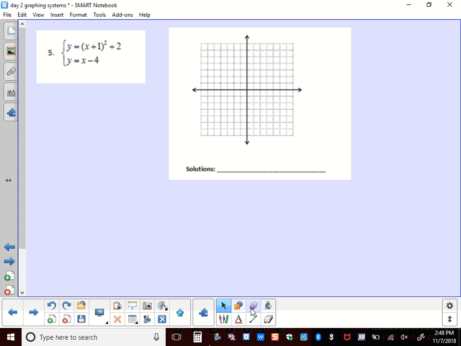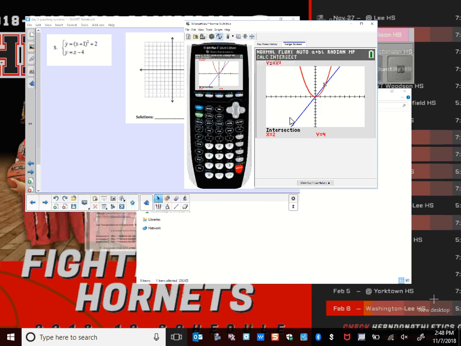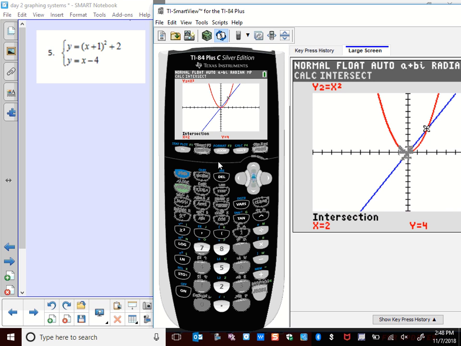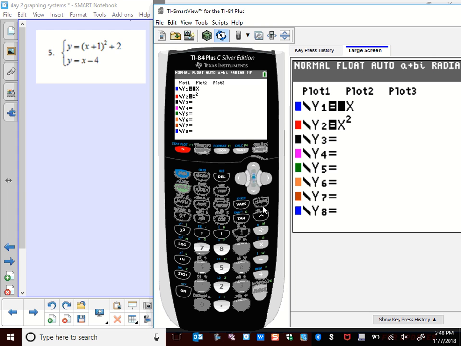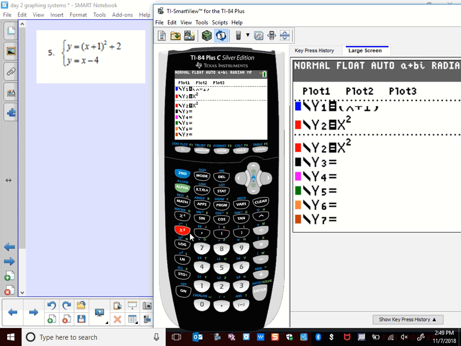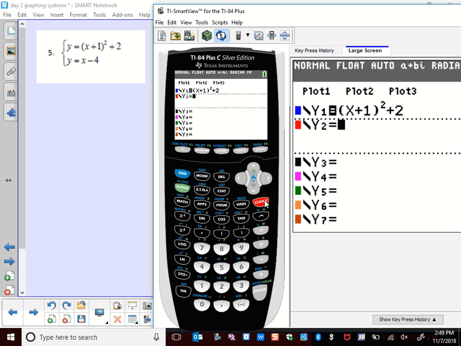All right, let's look at this one. I'm gonna do calculator. So we have y equals (x plus 1) squared plus 2. My second equation is x minus 4. Just typing it in as I see it because they're both in y equals.